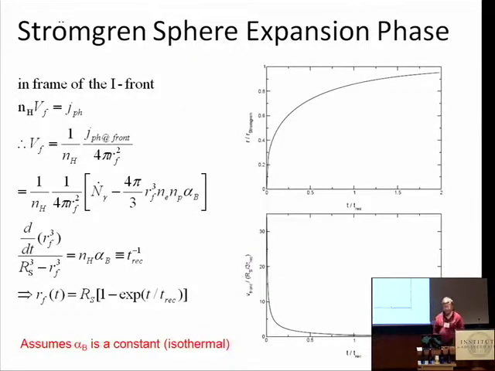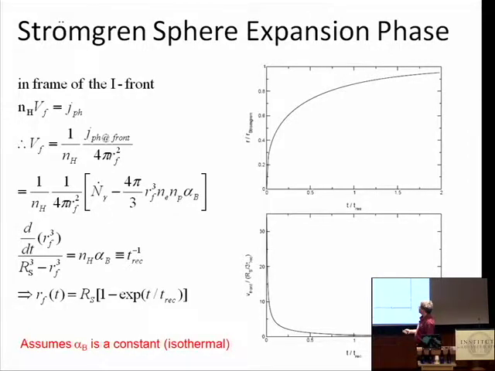We can actually ask, in this idealized problem, how would that ionization front move out to the Stromgren radius? And that's very easy to calculate. In the frame of the ionization front, we just balance the flux of ionizing photons with the flux of neutral atoms. So here's n_H times the velocity of the I front. For non-relativistic I fronts, we don't have to transform anything with gamma factors.